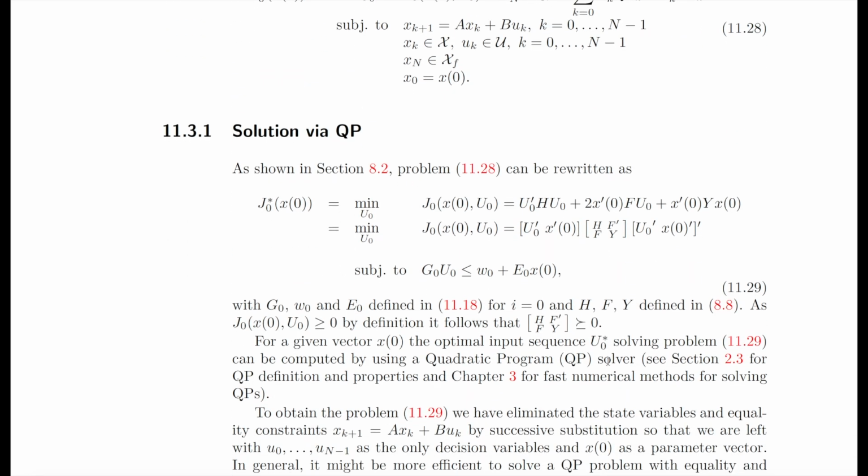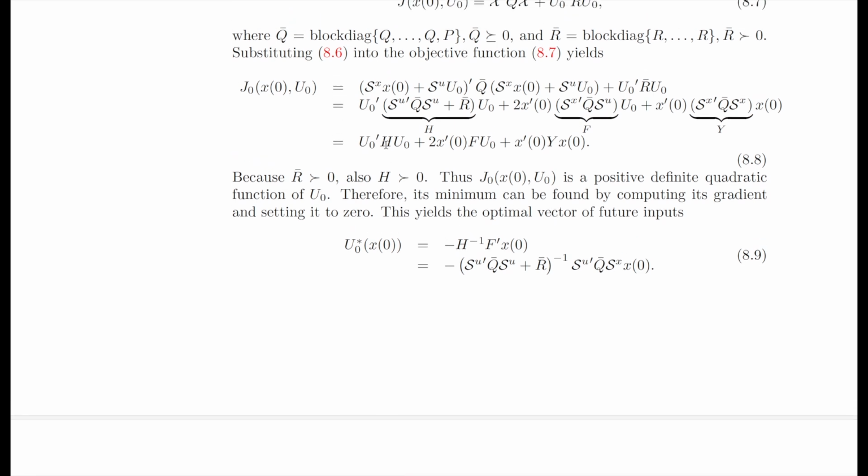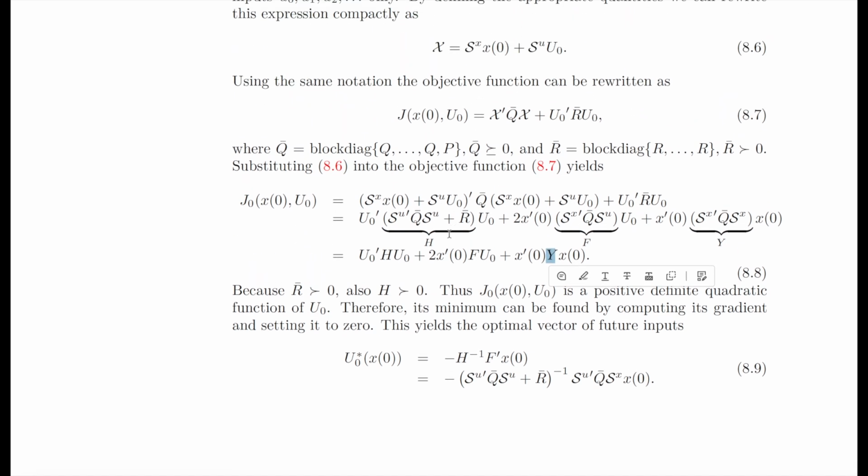And I will click here to remind you of what the expressions of H, F, and Y are. This is H, this is F, and this is Y. And H, as you see, depends on this big S, Q bar, and R bar.